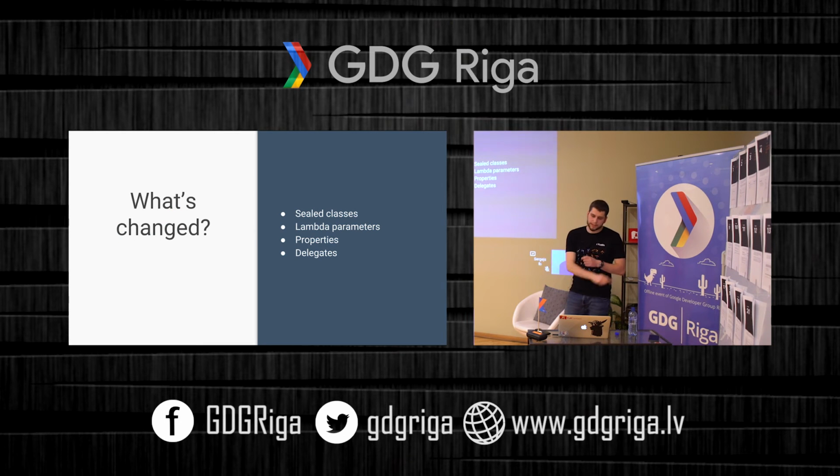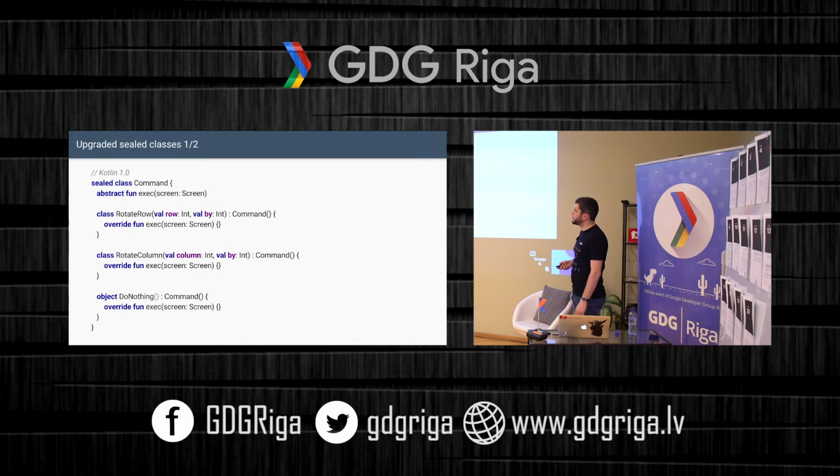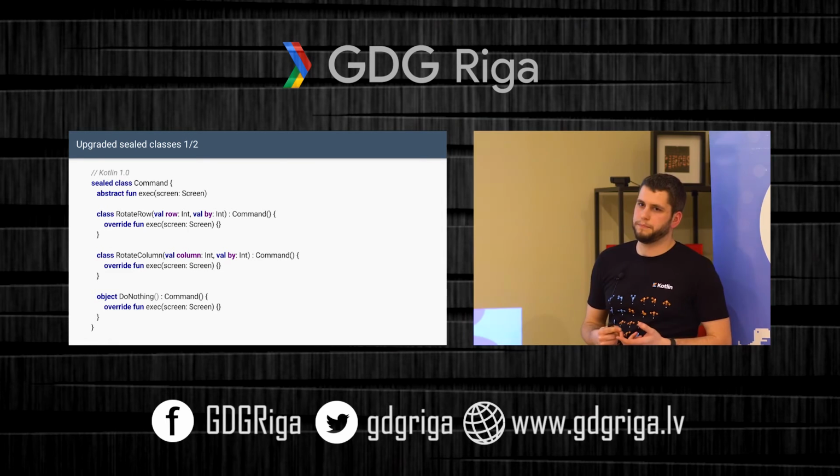And what have they changed? They have changed a few things in sealed classes. What's a sealed class? Basically, a quick rundown. Sometimes you want to have some limited set of subclasses for some parent. For example, here we have a command, and the command can be only rotate row, rotate column, and do nothing.